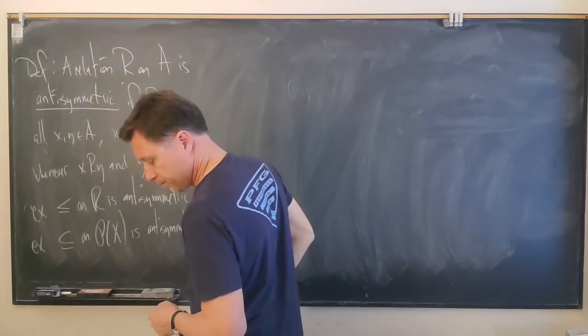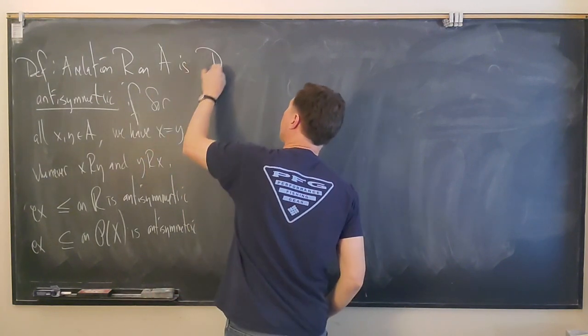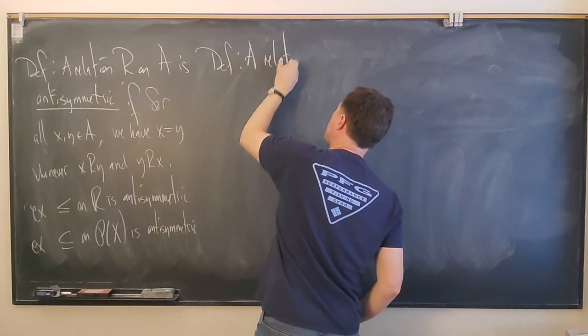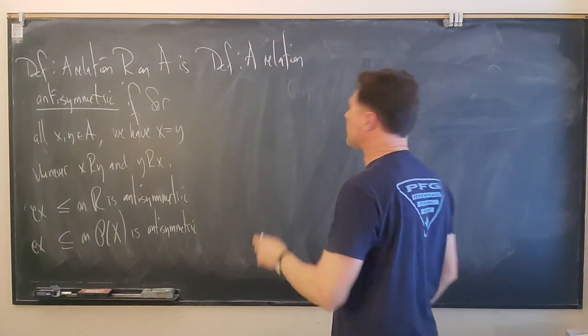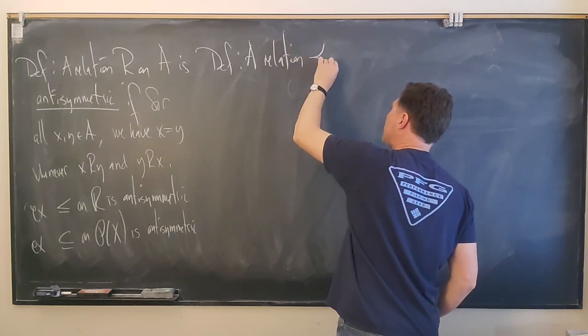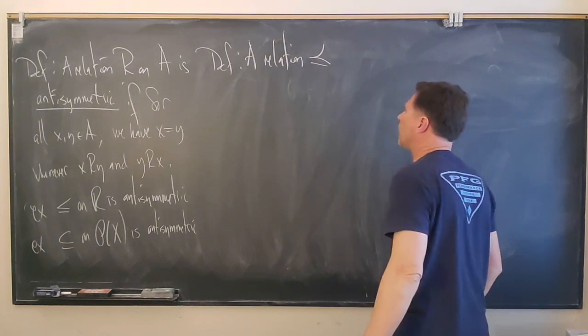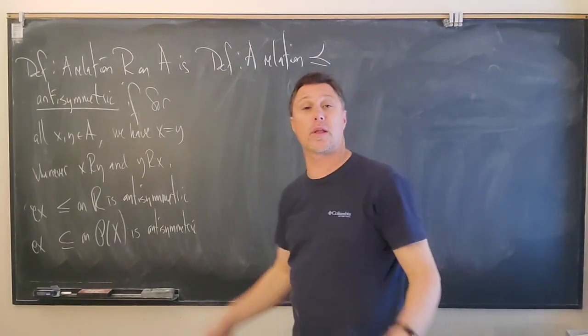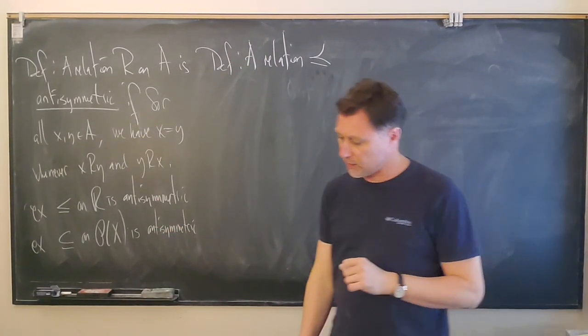So now, our next definition. A relation, and I'm going to use the symbol that looks kind of like less than or equal to, but I'm going to put a little bend to it, a little curvy thing. I'll refer to this often just as less than or equal to. You want to think of it as sort of a generalization of less than or equal to.